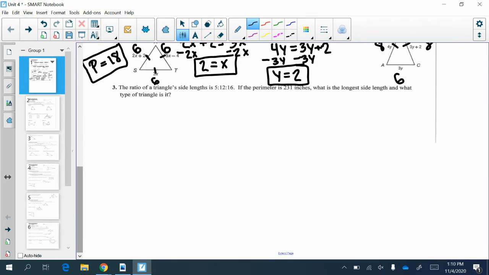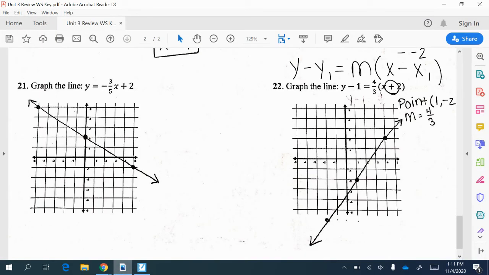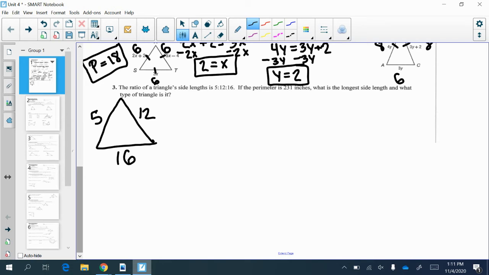All right, number 3. The ratio of a triangle's side length is 5 to 12 to 16. If the perimeter is 231 inches, what is the longest side length and what type of triangle is it? All right, so the ratio is 5 to 12 to 16. This triangle is not drawn to scale. So in order to find the length of each side, it is not 5, 12, and 16.